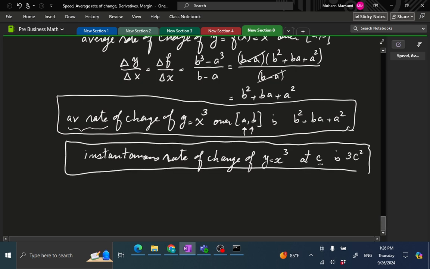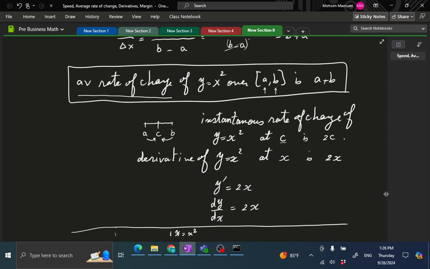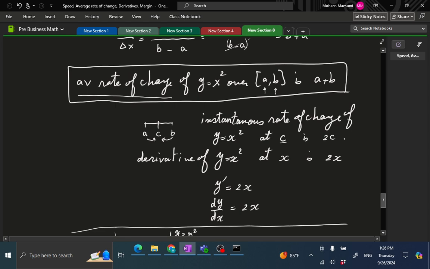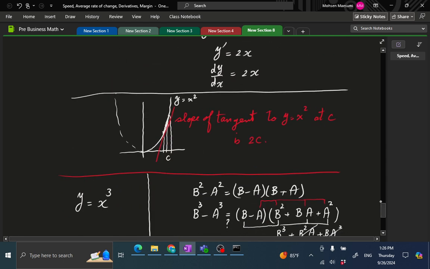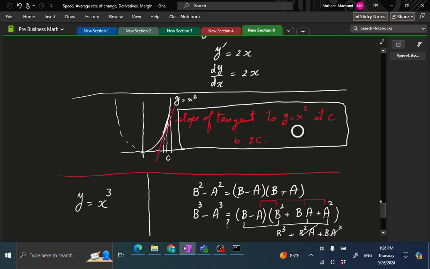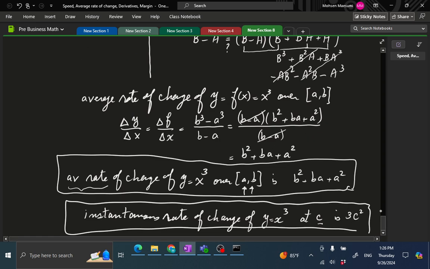Now compare this to what we had before, and see if we can see a trend. Where did I write this? The rate of change of x squared at C is 2C. For x cubed it is 3C squared.